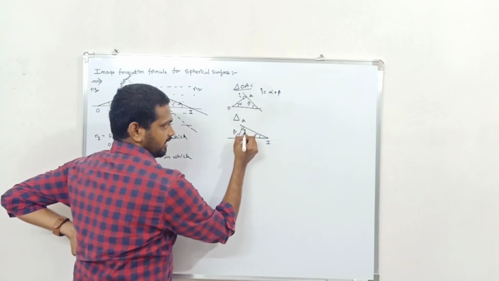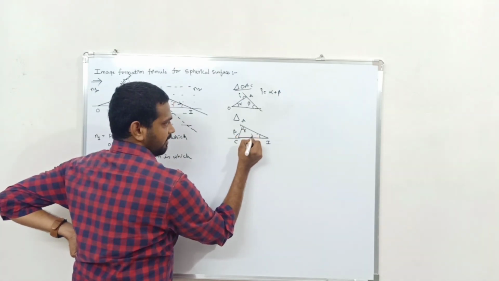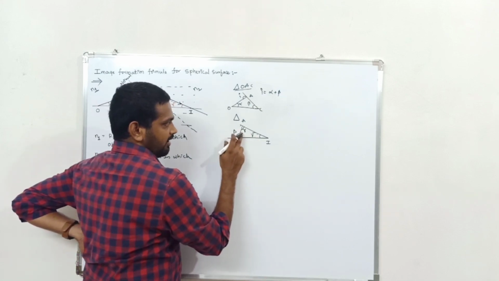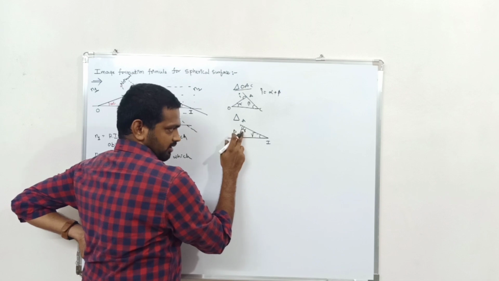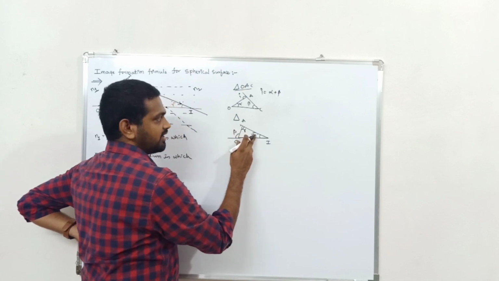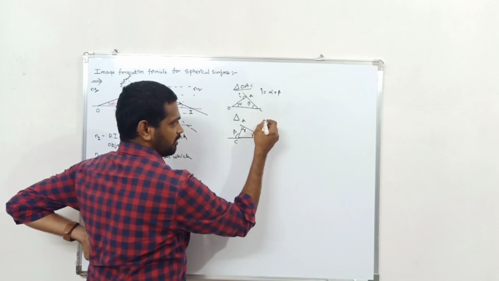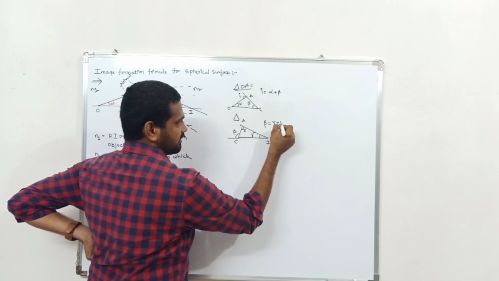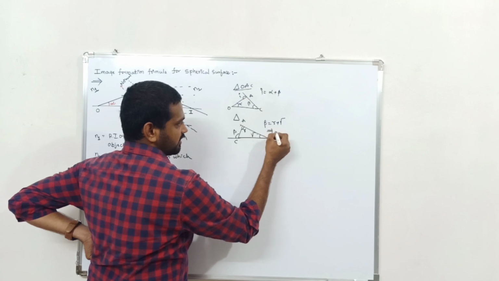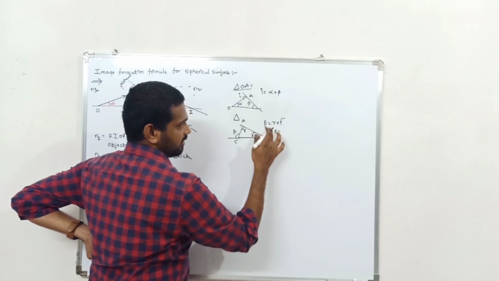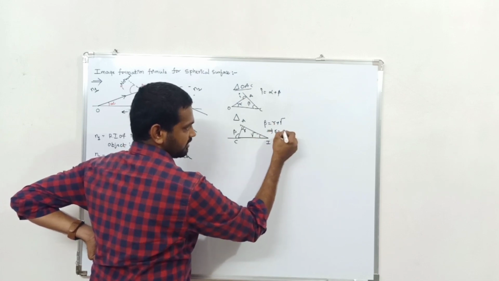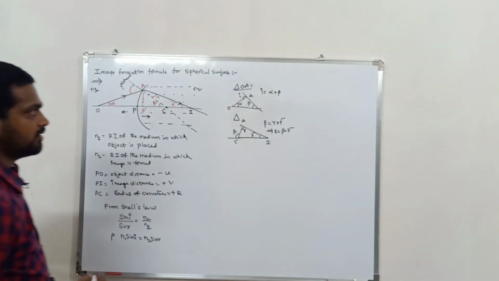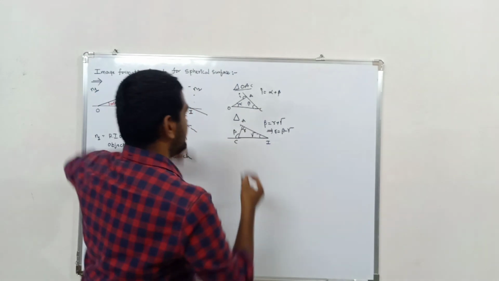So this is the angle r and this is the angle gamma. Don't get confused, children. Beta is the exterior angle, and r and gamma are the opposite interior angles to this beta. So beta can be written as r plus gamma. From this equation, r can be written as beta minus gamma. Is it clear?